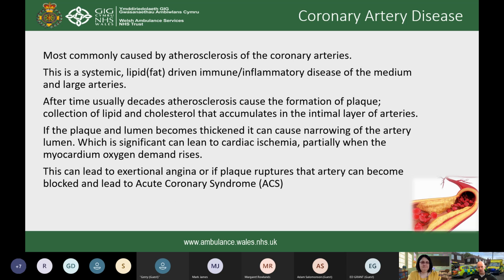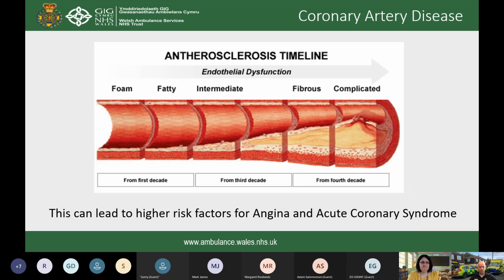So we're going to talk about the effects of it now. So looking at it in a picture, remember this is over decades. This is a picture of an artery, and we've got cholesterol, plaque and lipid fat building up. It will build up until we've got a narrowing of that artery. Let's think we're walking up the stairs, we have to work a little bit harder.